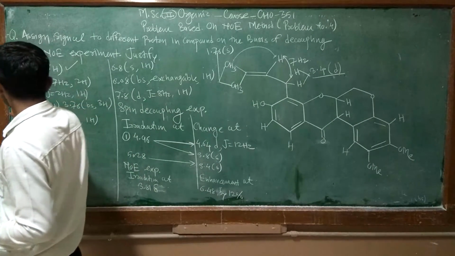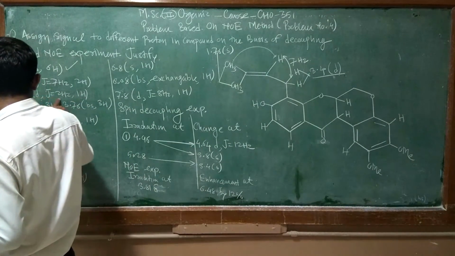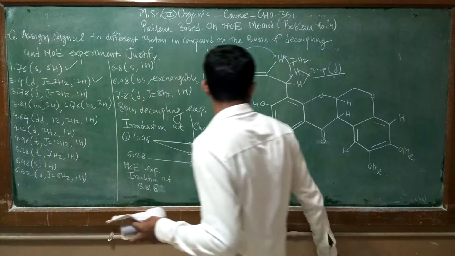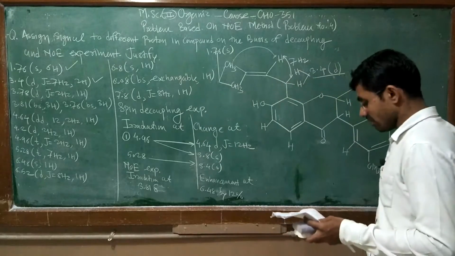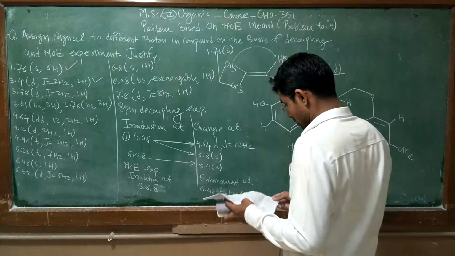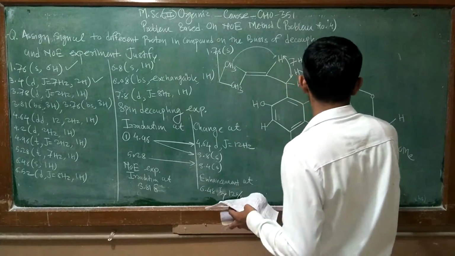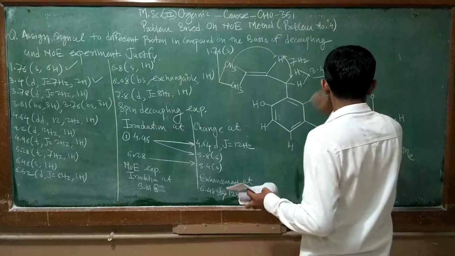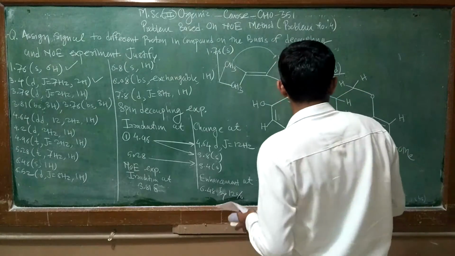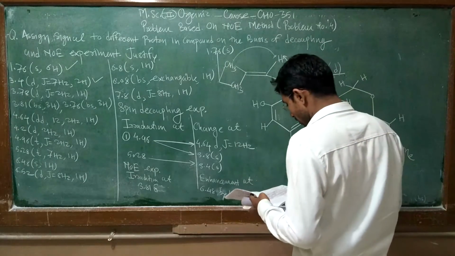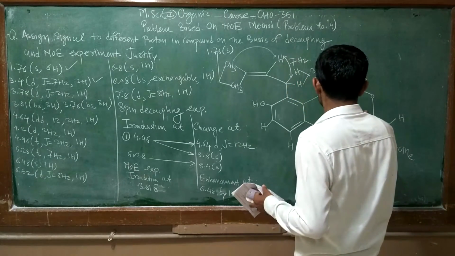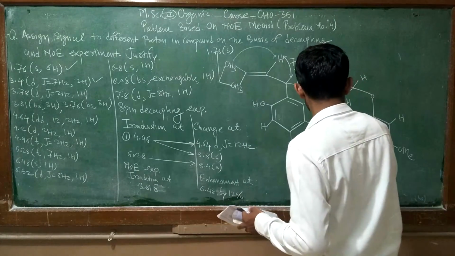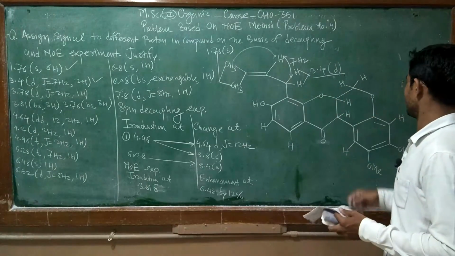Then 3.78 doublet with 2 Hertz for 1 proton. So for this, remember that we are going to consider this proton here. Also here 2 protons are present. So here we are going to consider this carbonyl attachment as well as this attached to the benzene ring.